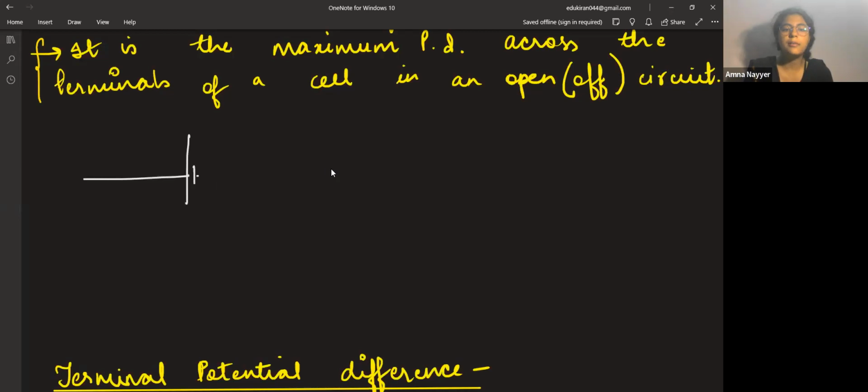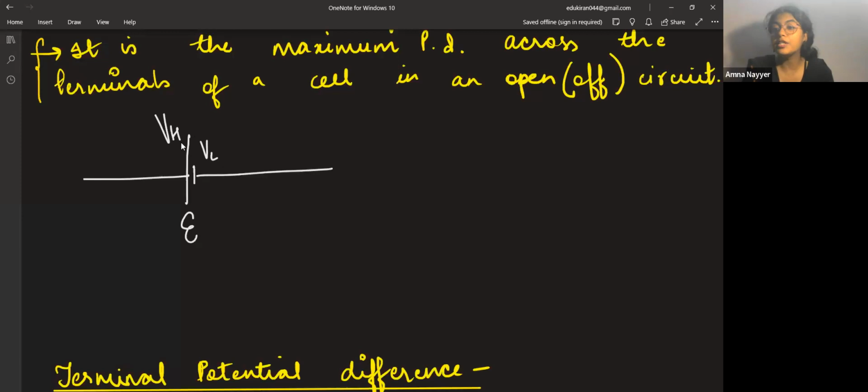Suppose this is a battery that has been drawn. I always draw one higher and one lesser. The higher one shows the higher voltage and the lower one shows the lower voltage. So basically EMF is the potential difference between these two, because the internal resistor is present here. That's why I'm saying remember it in terms of internal resistor. The internal resistor is already here.